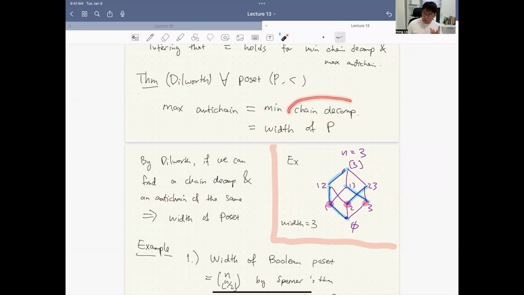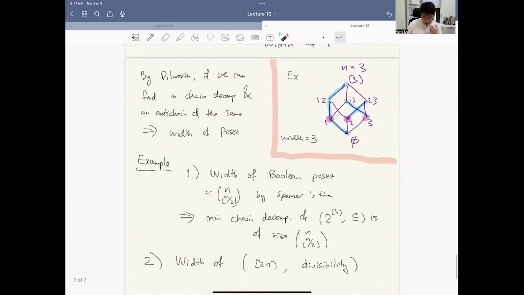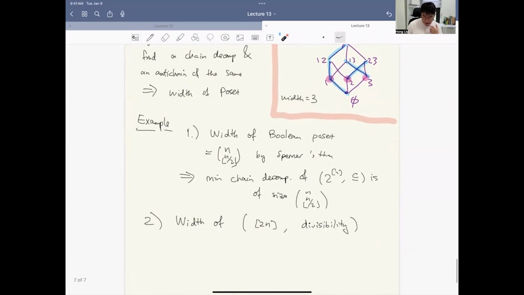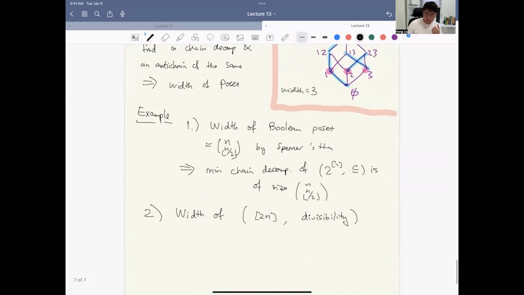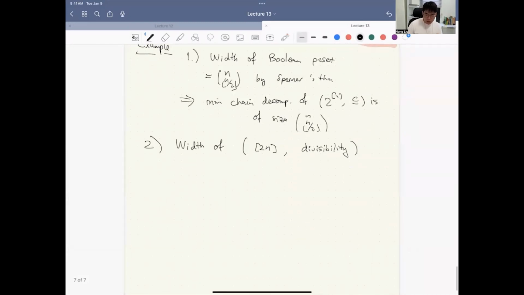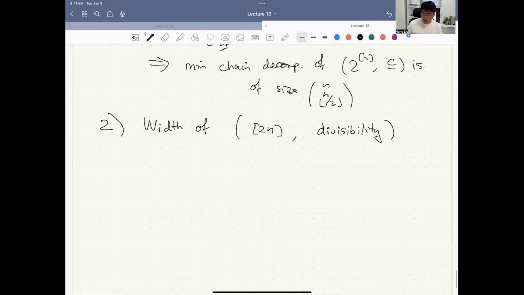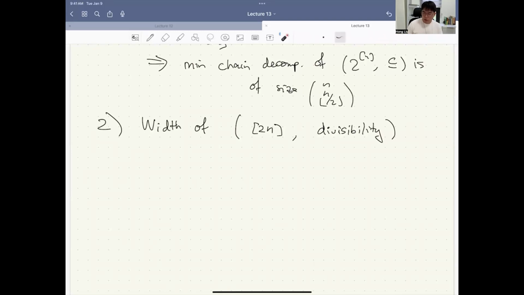But if we happen to find ones of the same size, you automatically know this is max, this is min. So in this case, to find out what's the largest anti-chain size, we just need to find an anti-chain of this poset that has the same size as a chain decomposition. Anti-chain is easy to find.